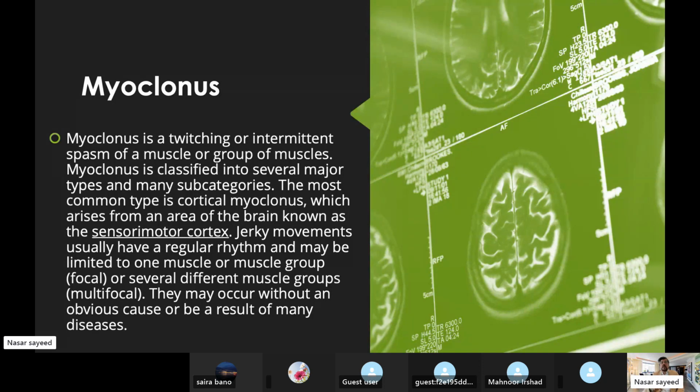Myoclonus is classified into several major types and many subcategories. The most common type is cortical myoclonus, which arises from an area of the brain known as the sensory motor cortex. Jerky movements usually have regular rhythm and may be limited to one muscle or group of muscles, or several different muscle groups, multifocal. They may occur without an obvious cause or be a result of many diseases.